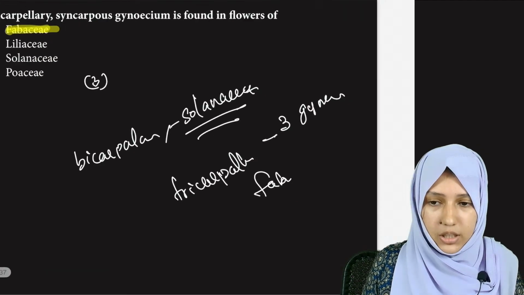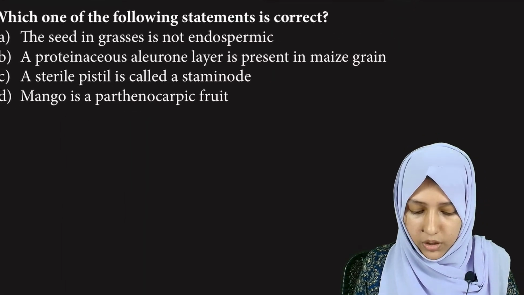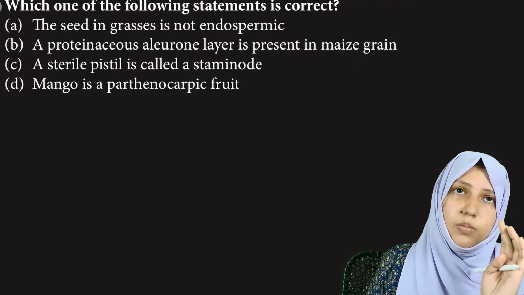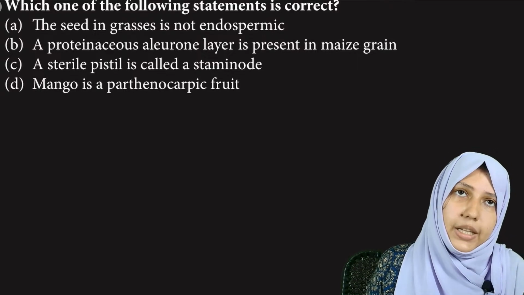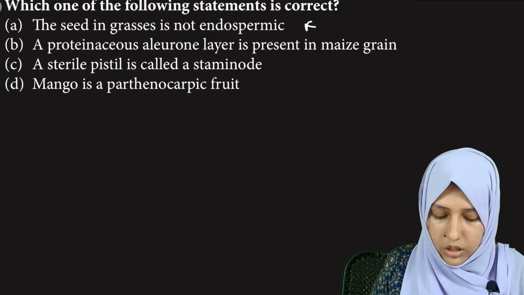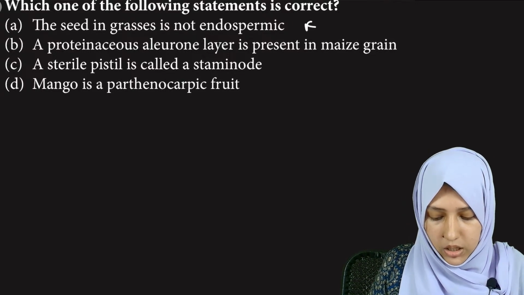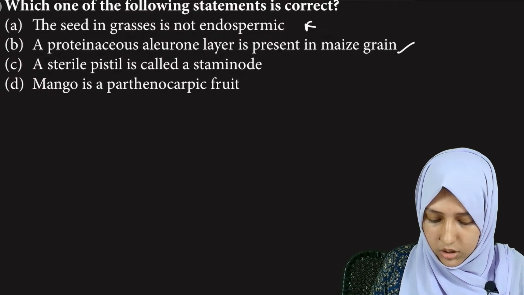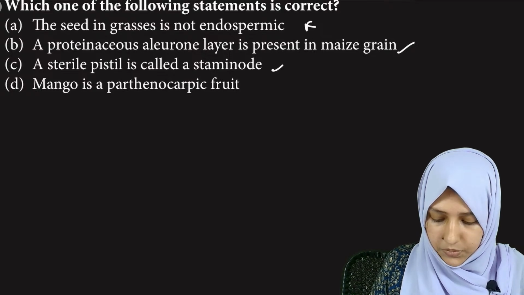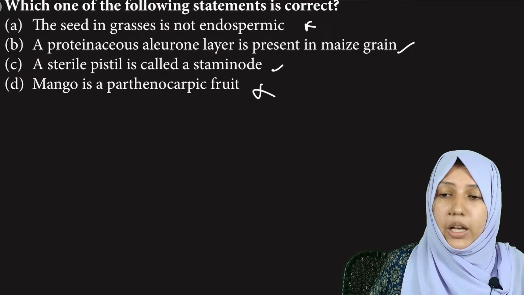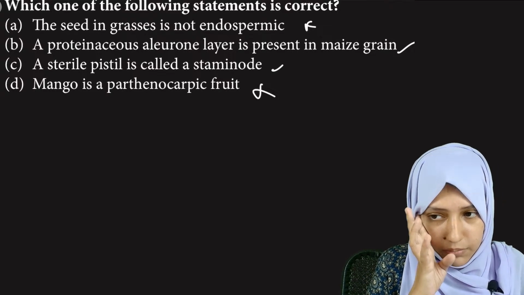Clear? Fabaceae. Now, which one of the following statements is correct? The seed in grass is not endospermic. Mostly the monocot plants are endospermic, so that is not the right answer. Then a proteinaceous aleurone layer is present in maize grain. It is right. Mango is a parthenocarpic fruit. This is also wrong, because mango is not a parthenocarpic fruit.